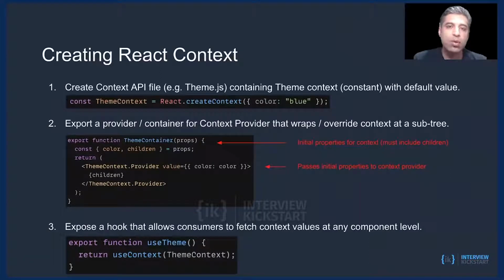It is important to note that the properties that are passed to the theme container must contain a set of children such that the properties are accessible in the descendants of that children tree.